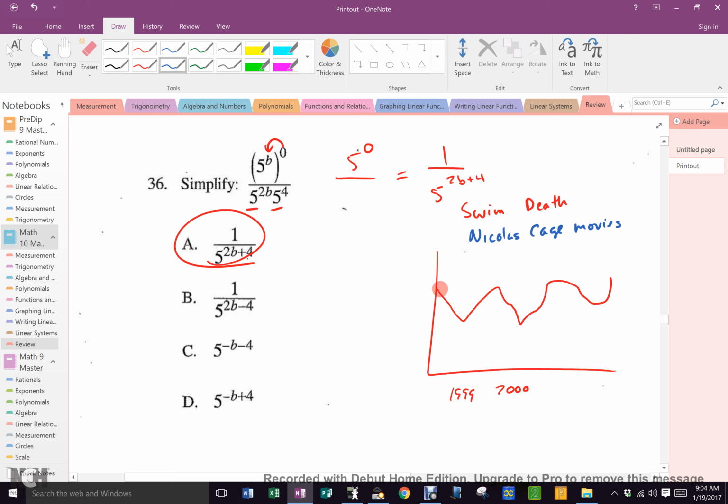Any year with no Nicolas Cage movies, if he didn't make one, deaths went down. When Nicolas Cage made a movie, deaths happened to go up. Now, according to stupid people, oh my God, if Nicolas Cage makes a movie, people are going to die. Now, I know people are going to die if Nicolas Cage makes a movie because they're so bad you drive your car into a truck, right?